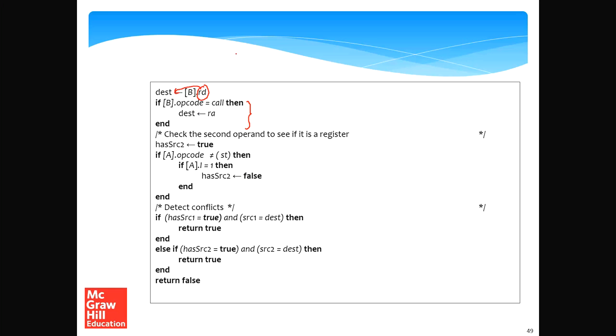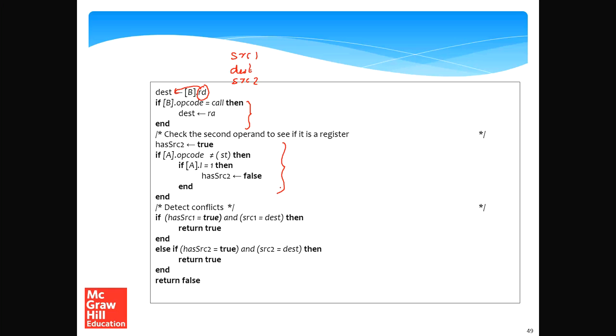The only special case that will come here. So what is the order? We first looked at source 1, then we looked at the destination, then we are looking at source 2. In source 2, the special case that we need to consider is the case of the store instruction. Sorry, the special case that we need to consider is when the second source is an immediate.